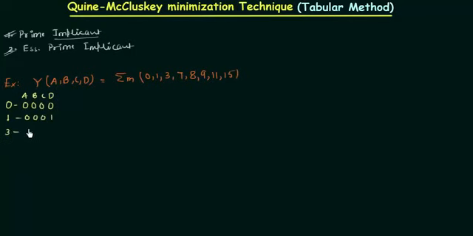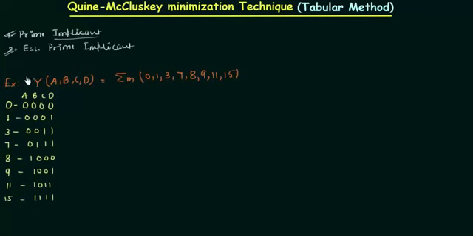For 3, we have 0, 0, 1, 1. For 7, 0, 1, 1, 1. 8 is 1, 0, 0, 0. 9 is 1, 0, 0, 1. 11 is 1, 0, 1, 1. And 15 is of course 1, 1, 1, 1. So these are the binary equivalents for the given minterms.